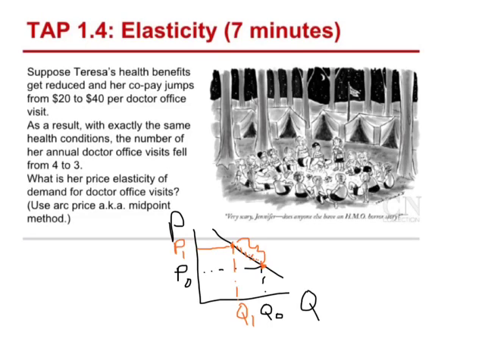So we're going to use as our base the midpoint between Q1 and Q0, the midpoint between P1 and P0, which is more appropriate when we're looking at big swaths of the demand curve. When you're just talking like a 1% change in price, using the midpoint method isn't that important, but it is when you're talking big changes.